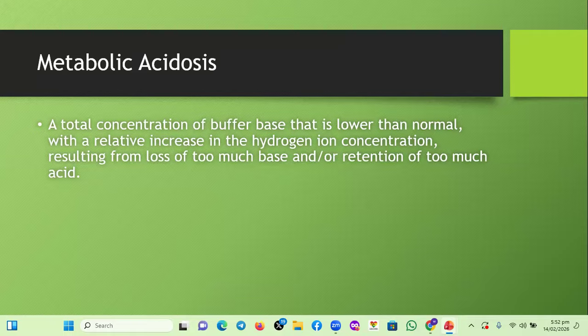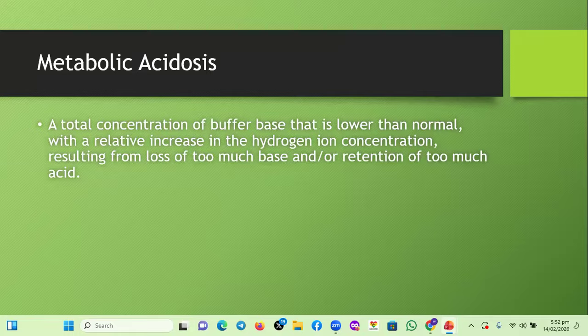So let's now deal with metabolic acidosis first. It is a total concentration of the buffer base that is lower than normal with a relative increase in hydrogen ions in the system, resulting in loss of too much base or retention of too much acid.